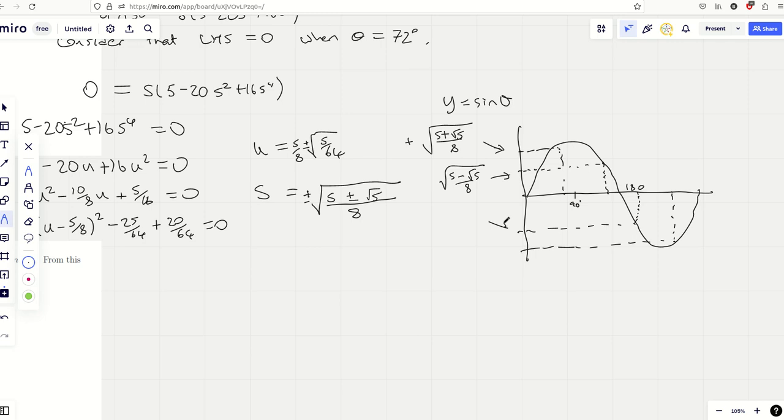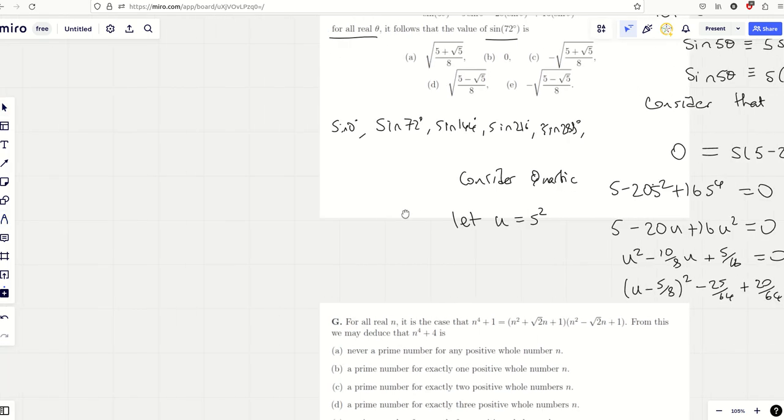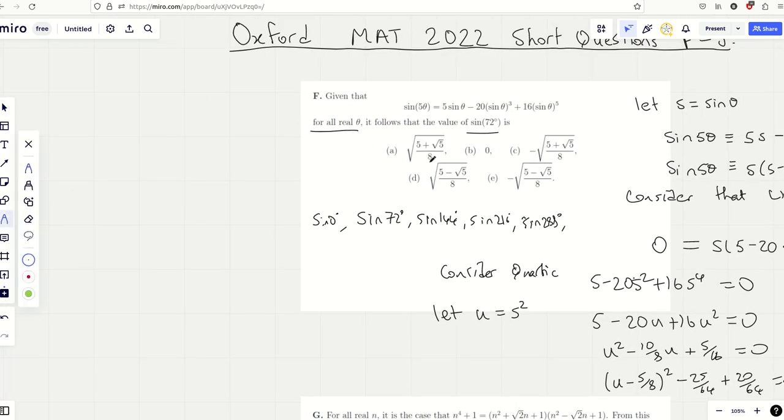This one corresponds to, and it's positive, minus of 5 minus root 5 over 8, and the bottom one is minus of root 5 plus root 5 over 8, and so that must be the exact value of sine of 288, that must be the exact value of sine of 216, I think it was, that must be the exact value of sine of 144, and this is the exact value of sine of 72. So the answer is A, I think.